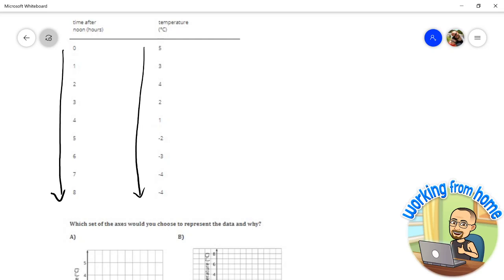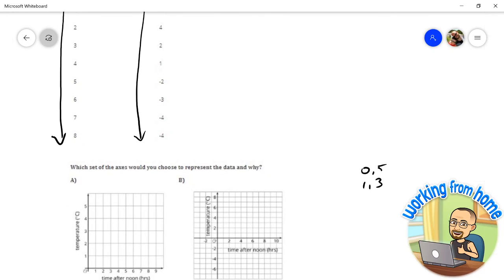Alright, so let me just jot it down here to the right. 0, 5, 1, 3, 2, 4, 3, 2, 4, 1, 5, -2, 6, -3, 7, -4, 8, -4.